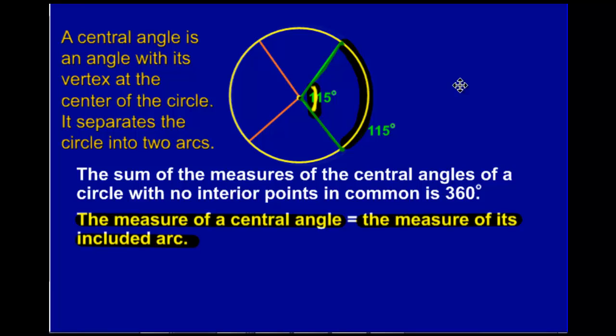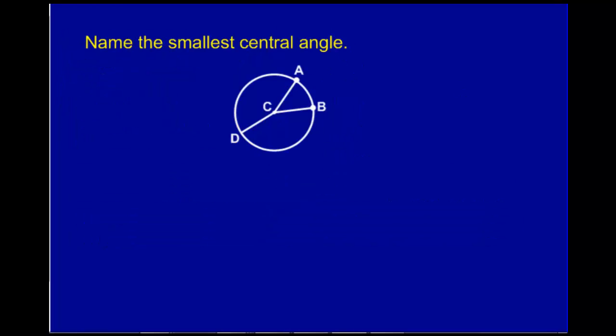Those points where it hits the circle, that's what we're talking about when we say that it is an included arc. So the angle's 115, the central angle, and the included or intercepted arc is also 115.